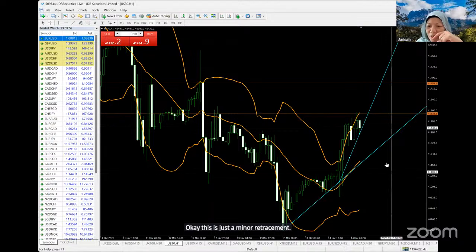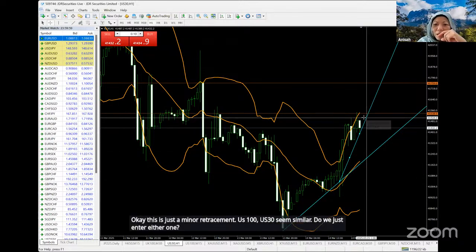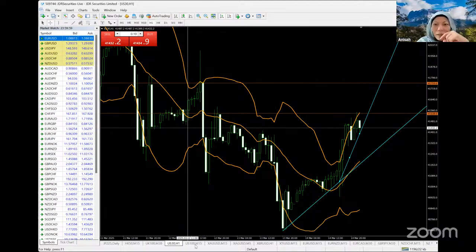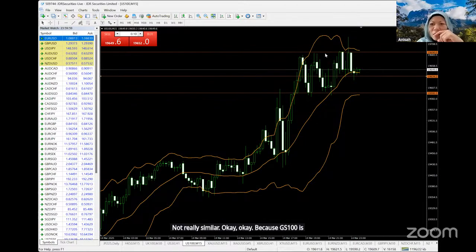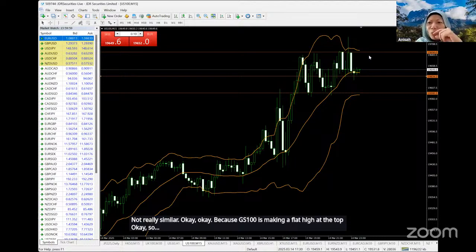US 100, US 30 seem similar. Do we just enter either one? Not really similar, because US 100 is making a flat high at the top. So I would wait for it to break 19,690 to take a long.